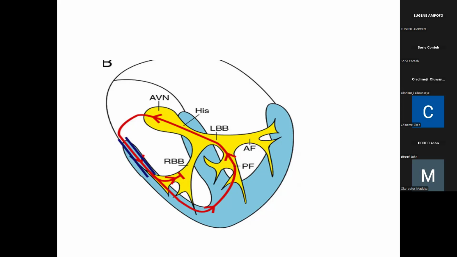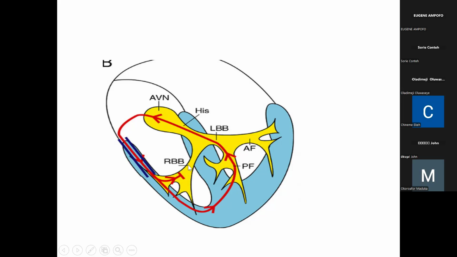Now, the converse is the orthodromic. The orthodromic simply means that the conducting fibers conduct electrical activity down the normal fast tract, which is the bundle of His and others, but it gets conducted back to the atrium through the aberrant tract, which is usually a fast tract also.